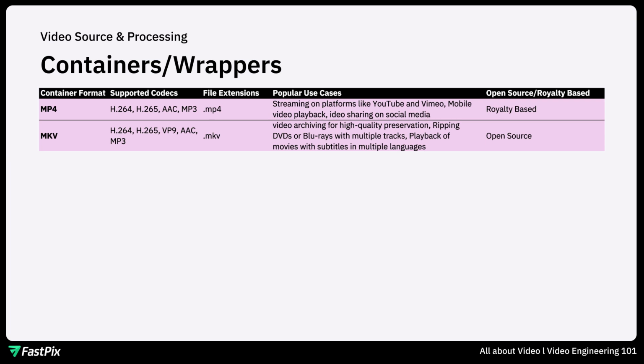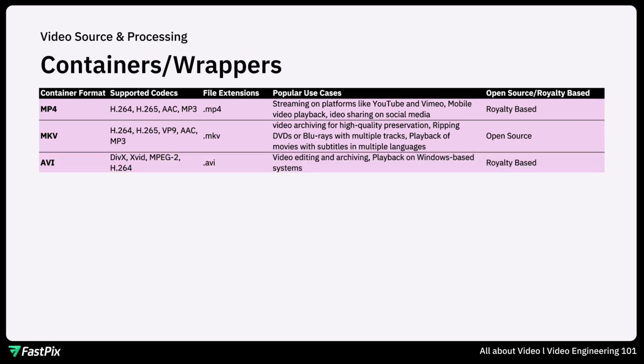Common codecs are H.264, H.265, and VP9, with .mkv extensions, ideal for DVD/Blu-ray rips and archiving. AVI, known for digital video recording and playback, especially on Windows, uses codecs like H.264 and MPEG-2, with the .avi extension, ideal for video editing.